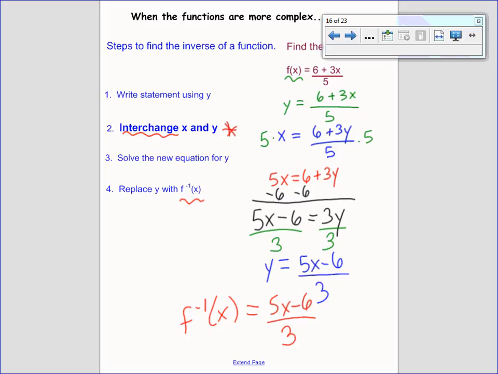We started with an original, right? We rewrote with x's and y's. We interchanged the position of x and y in my equation. We flipped them in my equation, solved for the new y, and then renamed it f inverse of x. What I want to do is show us graphically how these appear on the xy coordinate plane.